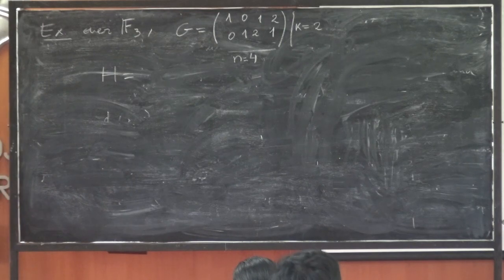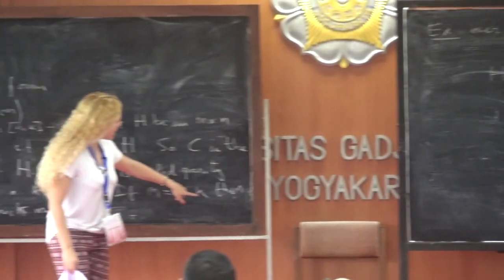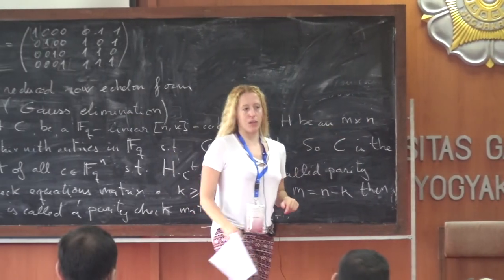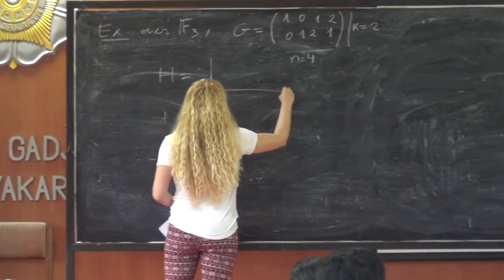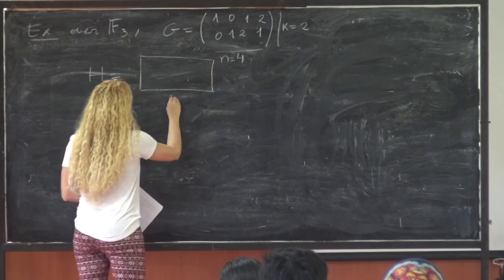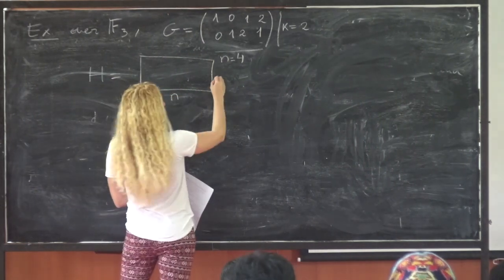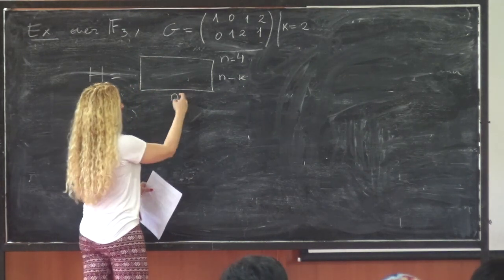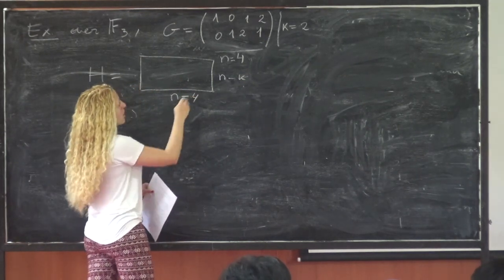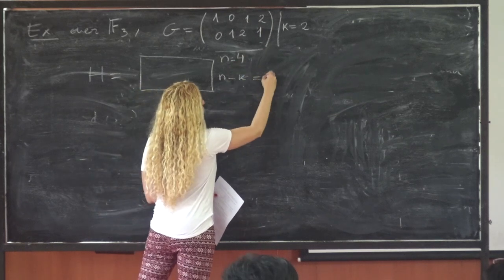So we know that H has to be an n minus k times n matrix. Okay? Let me write it like this, so it's going to be clear. Here I need n, and here I need n minus k. Okay? So with my parameters, n is equal to 4, and n minus k is equal to 2.